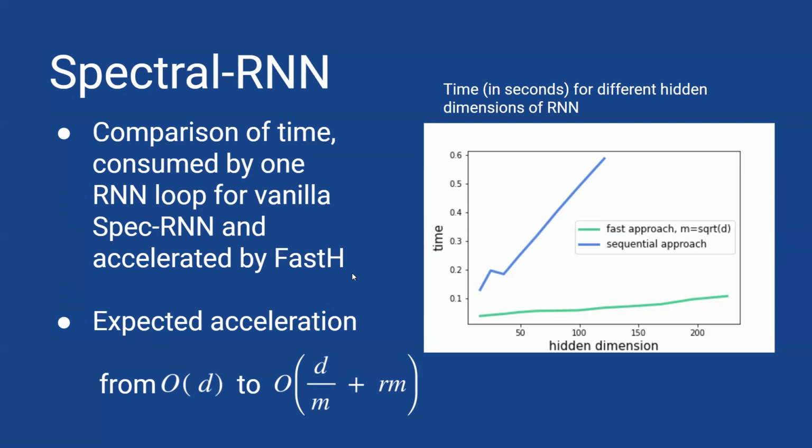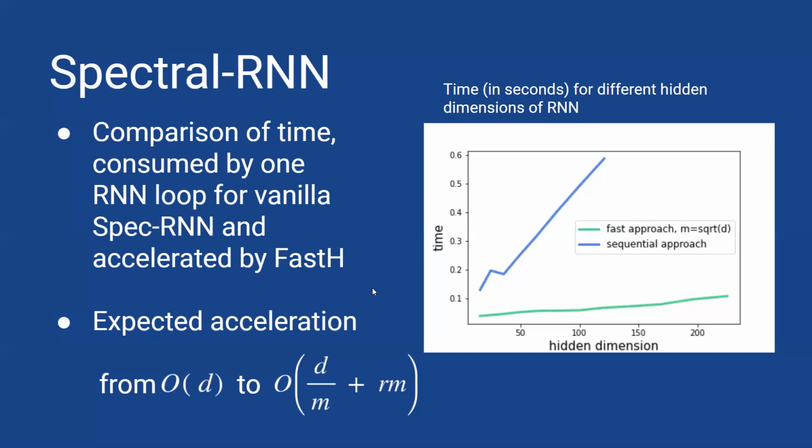We considered a spectral RNN that gives 93% accuracy on MNIST, and expected acceleration for the choice of m equal to the square root of d, where d is the hidden dimension of the RNN.